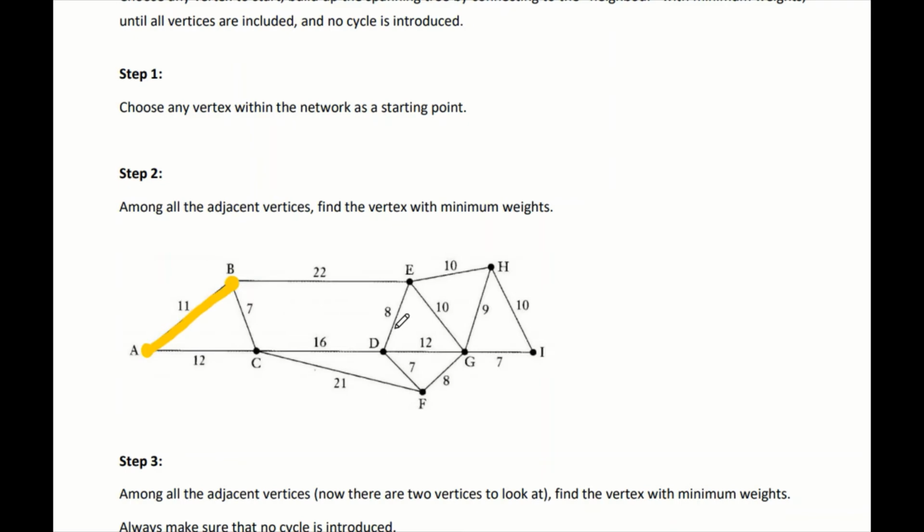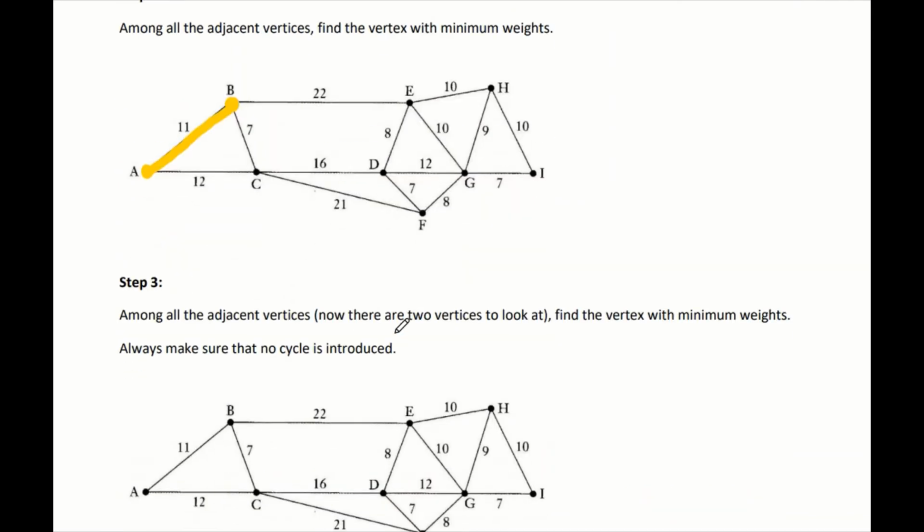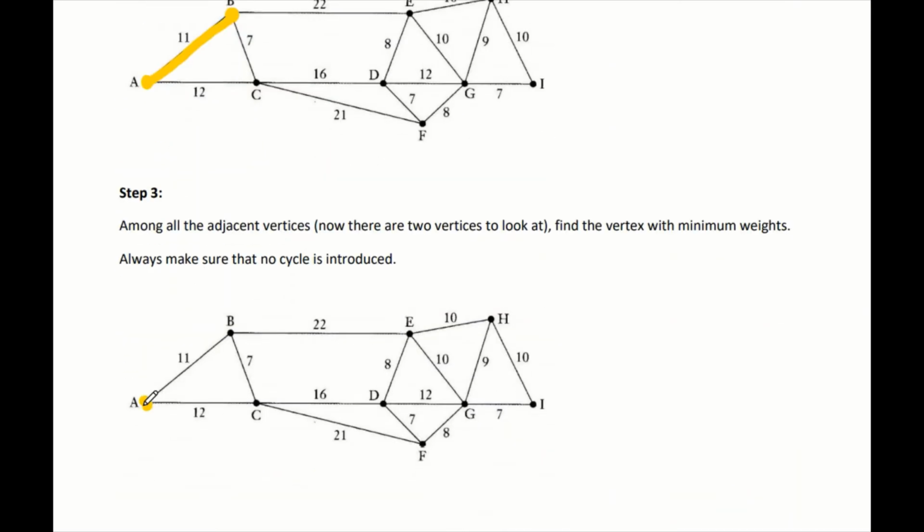Then moving onwards for step 3, let's draw the one that we have chosen in step 3 first. Repeating the same thing, you look at the adjacent vertices, but the only difference here is that now you have vertices A and B already.